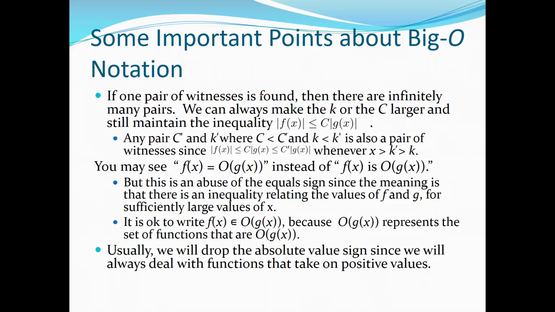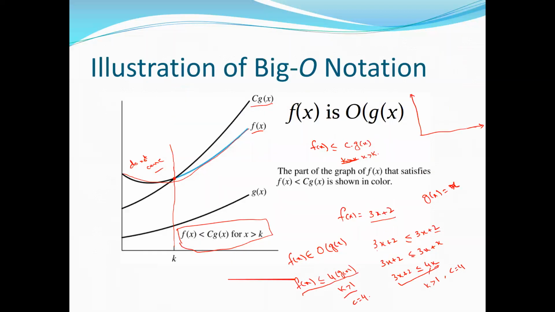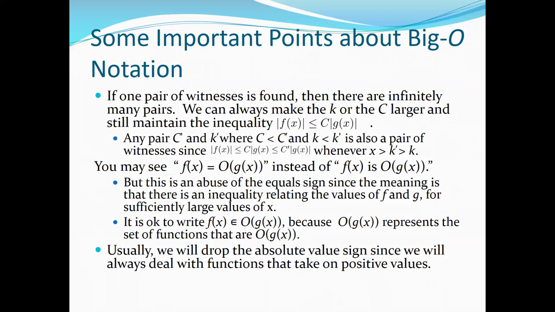If one pair of witnesses is found, then there are infinitely many pairs, and you can see that from this example. You can put k equal to 2, k equal to 3, k equal to 4 in this inequality, and you can find out, right? So we can always make the k or the c larger and still maintain the inequality.